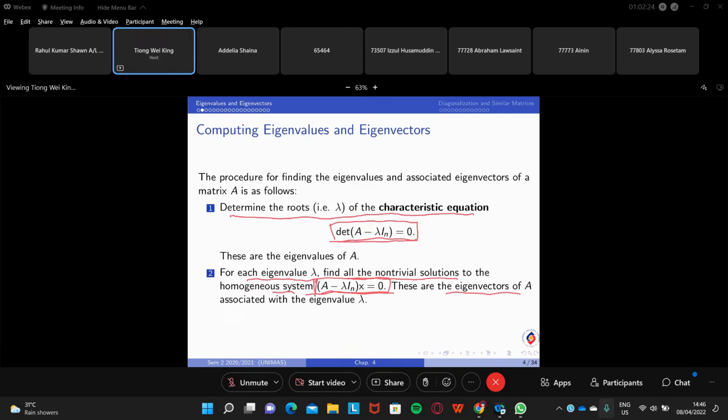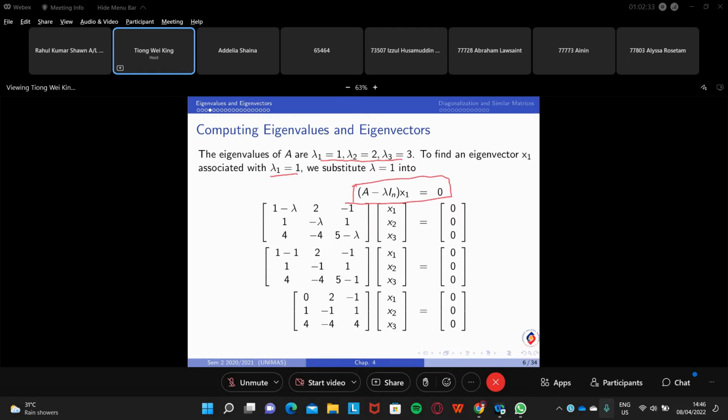You need to solve this system: A minus lambda I times x equals 0. That's why we have this system here. Because we have 3 lambdas, we label them lambda 1, lambda 2, lambda 3. So for lambda 1, we have x1 here.